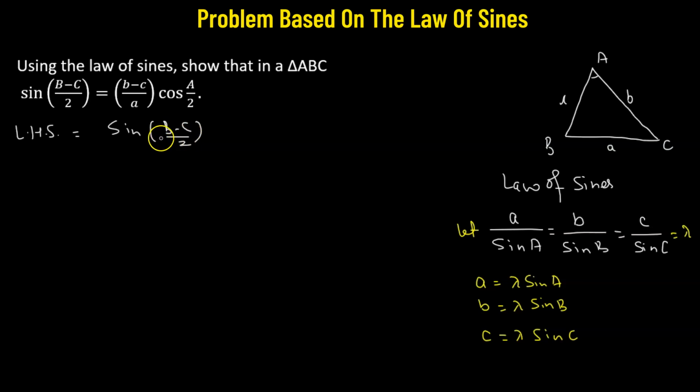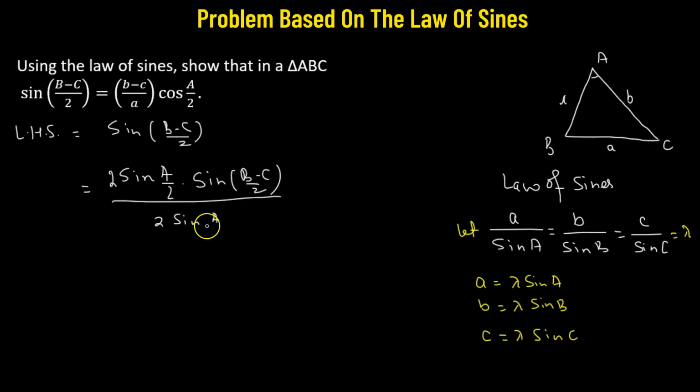We have to make it in terms of sine B and sine C. To do that, all we have to do is multiply both numerator and denominator by 2 times sine A over 2. So in the denominator, we have 2 times sine A over 2.